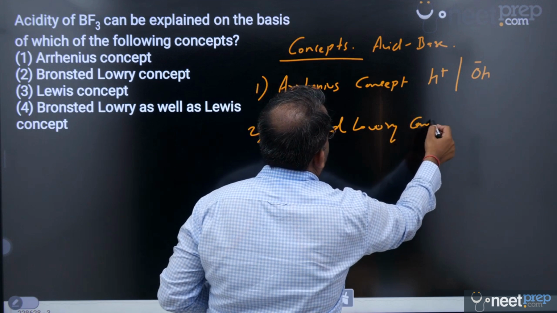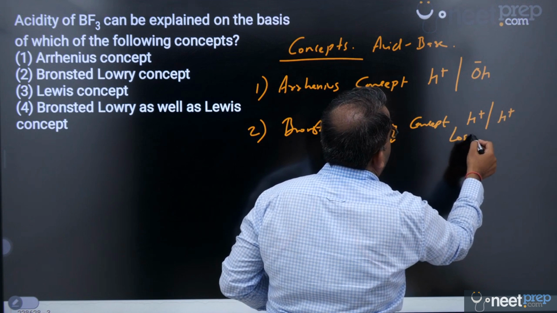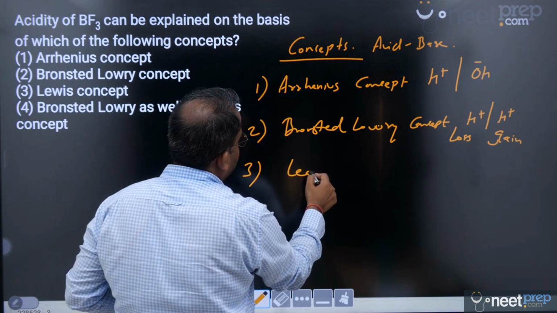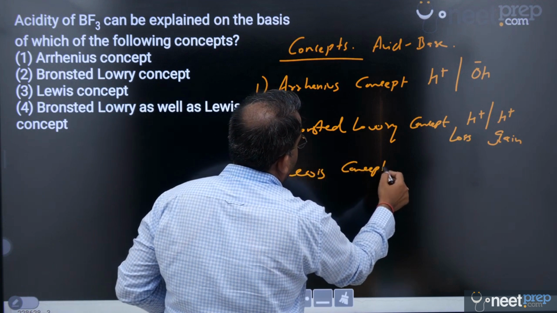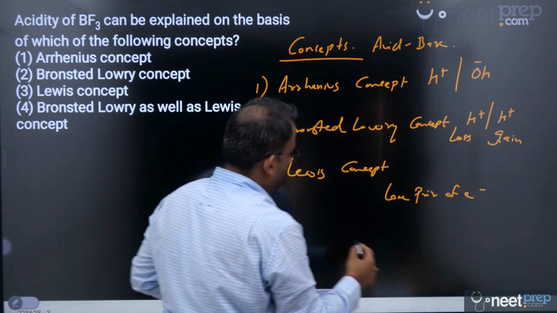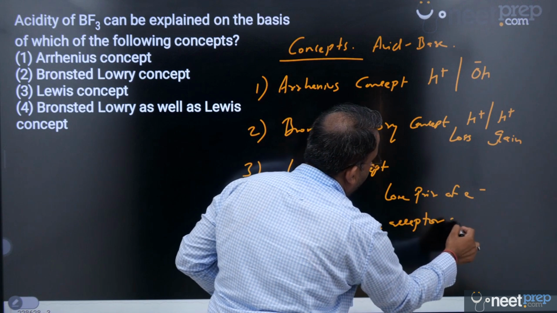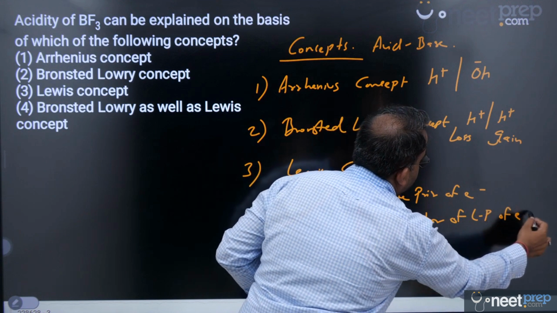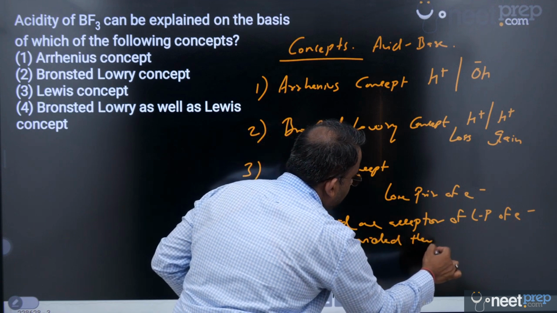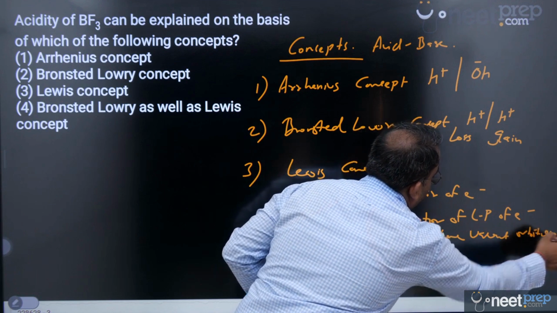Bronsted-Lowry concept, which is related to loss and gain of H plus ion. And third is Lewis concept, which is related to lone pair of electrons. Acids are acceptors of lone pair of electrons, provided they have vacant orbital or orbitals.